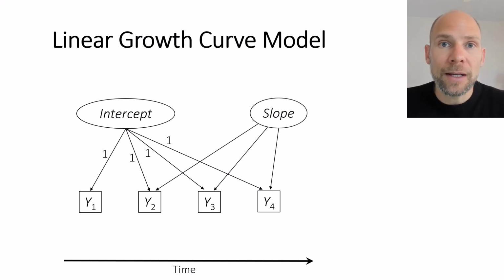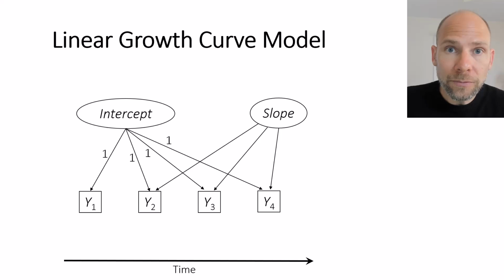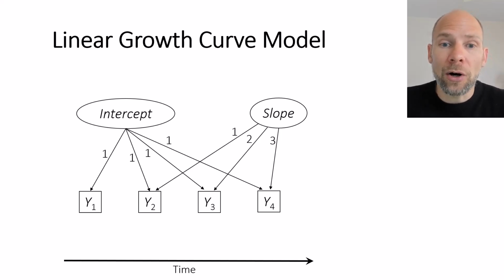And then in a linear growth curve model, we also have one slope factor, or sometimes we call this a shape factor or a linear change factor, where the loadings are also fixed. However, they're not all fixed to 1. Instead, the loading of the first time point is fixed to 0, which you can't see here directly because there's no arrow indicated between the slope factor and y1, which means that loading is 0, which makes sense because at time 1 no change has taken place yet.